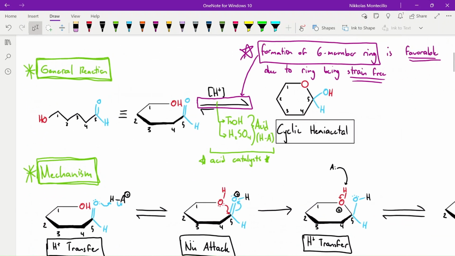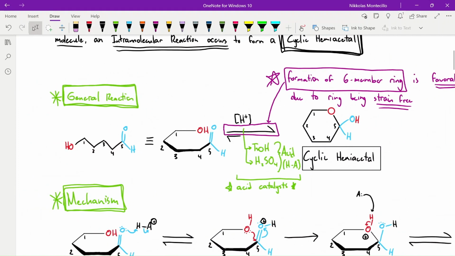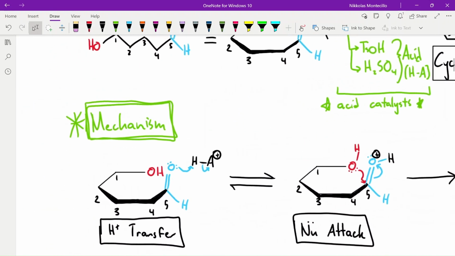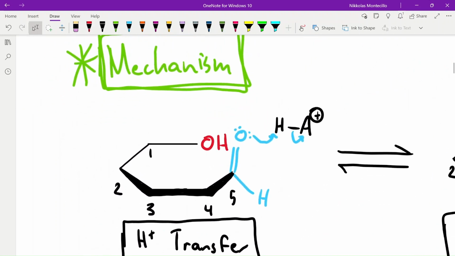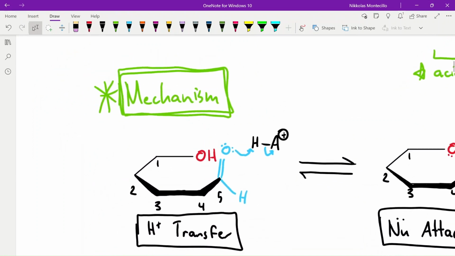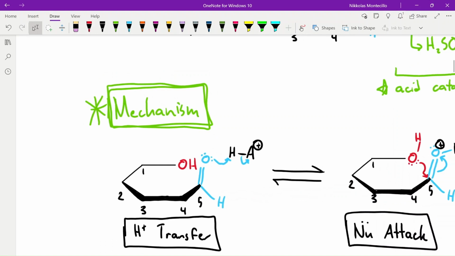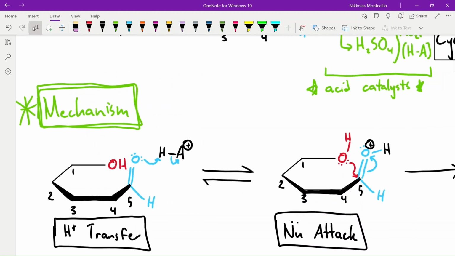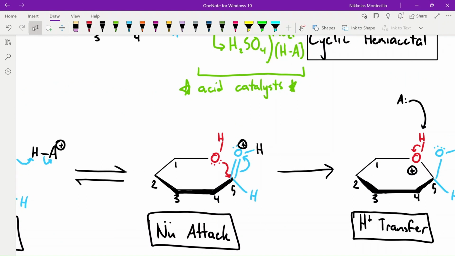Okay, so we can go through the mechanism of how a cyclic hemiacetal forms. So we can see here that this carbon chain, in the presence of an acid catalyst, either tosylic acid or sulfuric acid, will undergo a proton transfer where the aldehyde is protonated by an acid, and then we get an intramolecular nucleophilic attack by the hydroxyl group.